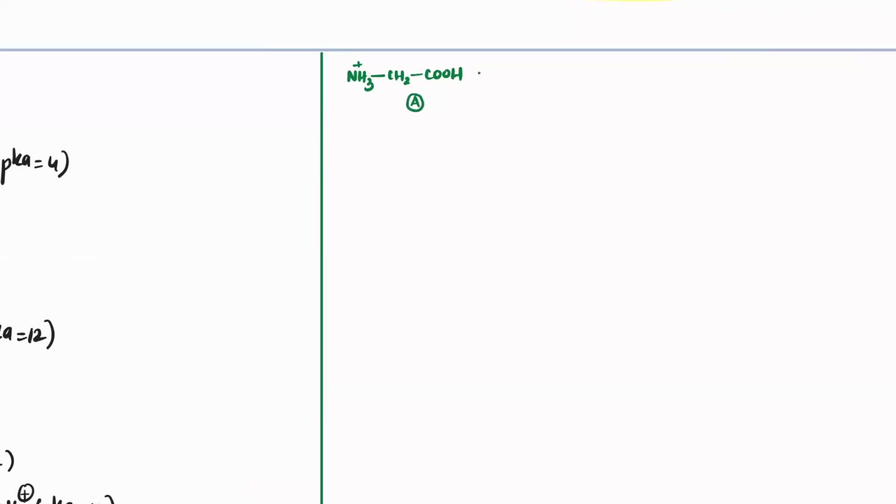Let us call this component form A. And it is going to give you, with pKa1, NH3 plus CH2 COO minus. Let this be B. And then it will be in equilibrium with pKa2 to form NH2 CH2 COO minus. Let this be C.